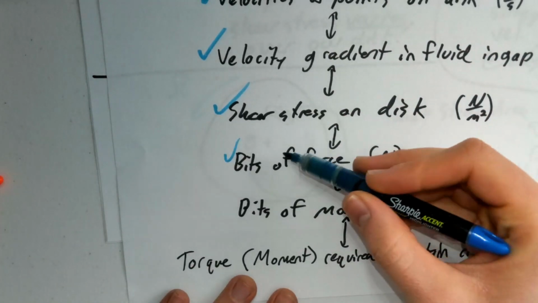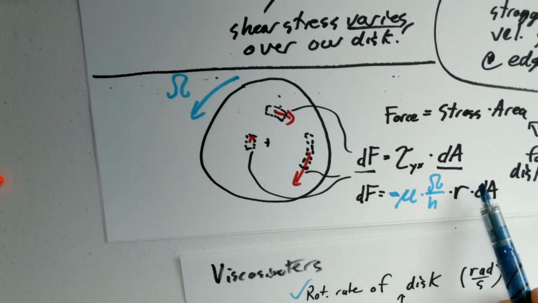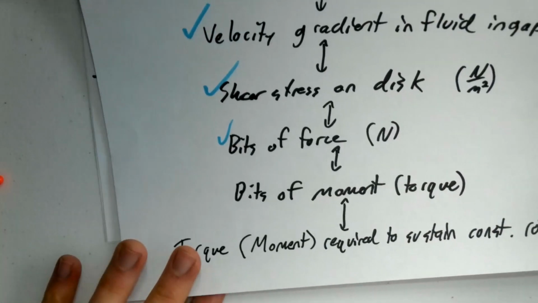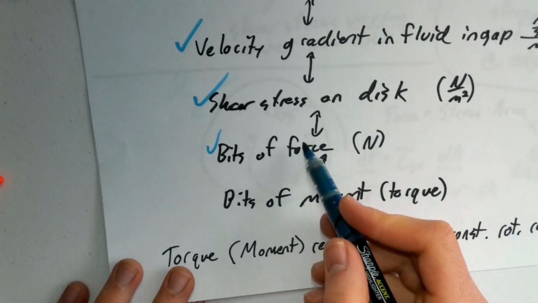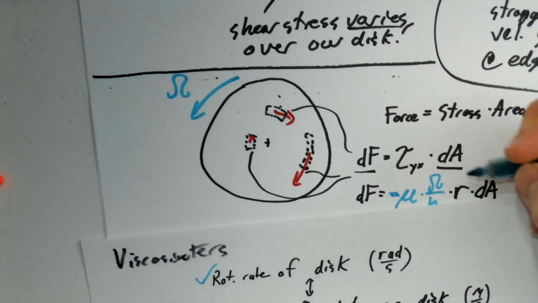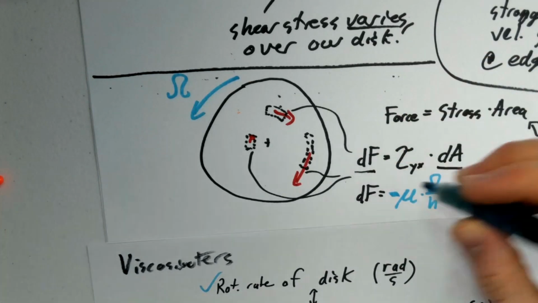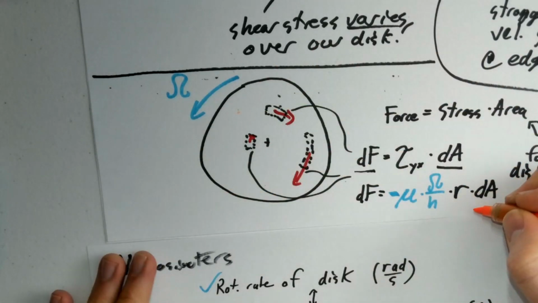So we've squared away what an expression for these bits of force is going to be here. But how do these forces relate to moment? How do these bits of force result in moments? And we haven't totally squared away what is the most sensible way to break up this disk into tiny bits of area.